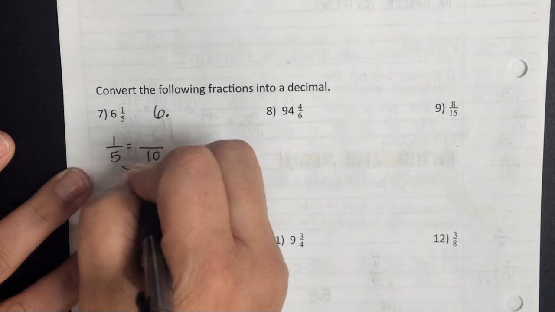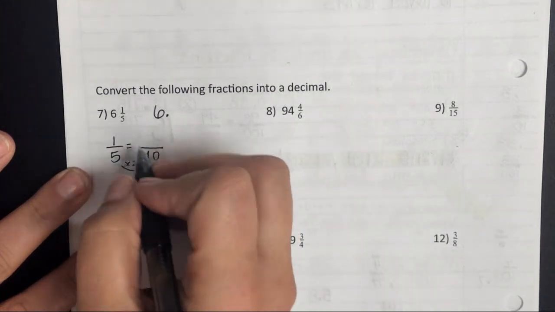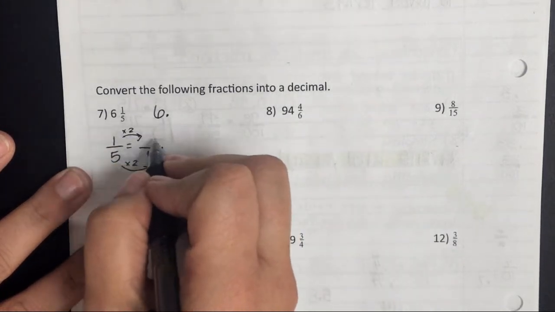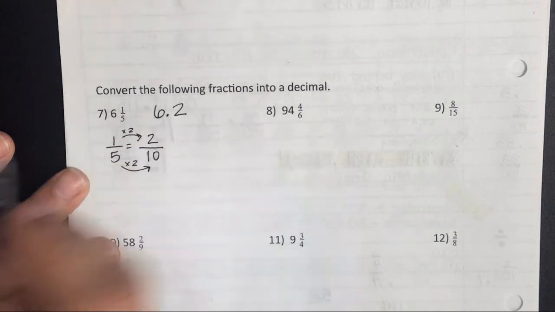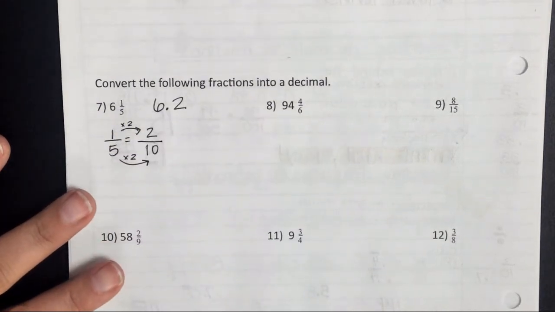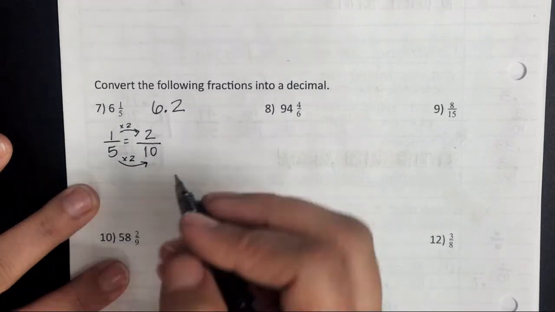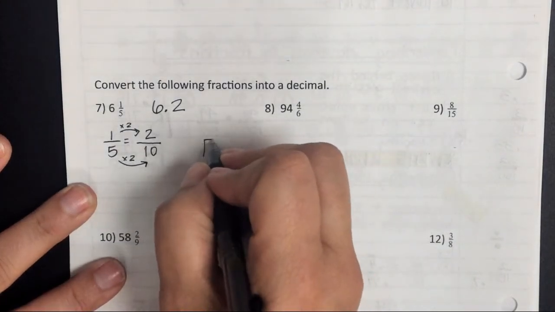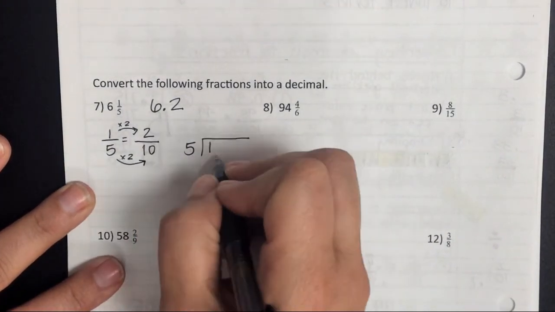Okay, and I'm going to show you why here. 5 times 2 gives us 10, times 2. Is that the same thing? Absolutely. Now, look what happens, and you don't have to show both ways. I just want to show you how it will work both ways.